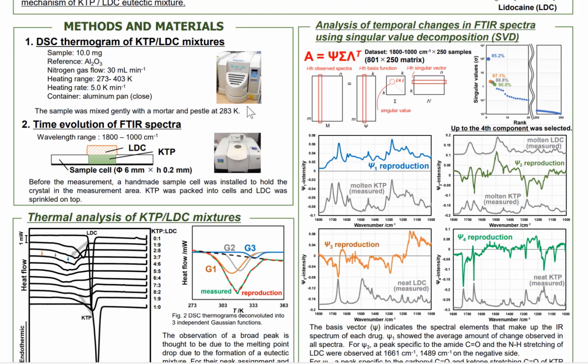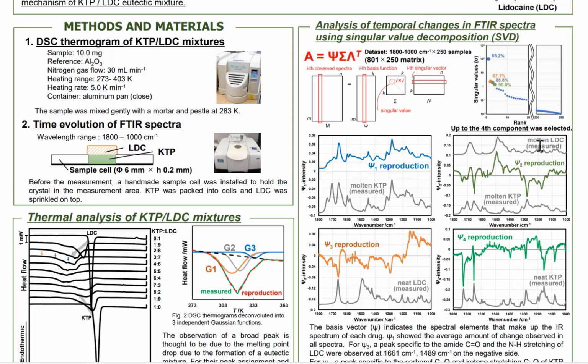SVD was performed on an 801 by 250 matrix dataset to trace spectral changes. We assigned the spectral changes reflected by the first to fourth components using basis vector psi.